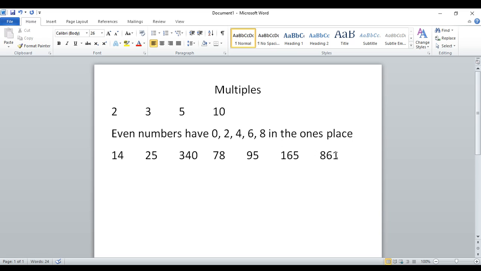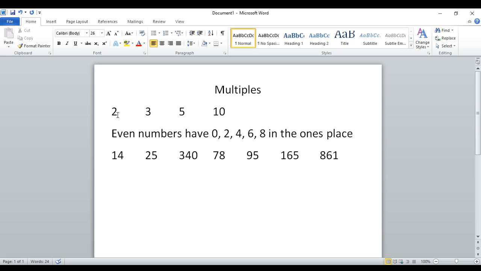And 861, will this be a multiple of 2? It will not, because it ends with a 1, which is an odd number, so that means the whole number is odd. So that's the trick, or the strategy, that we use when we're trying to decide if a number is a multiple of 2.